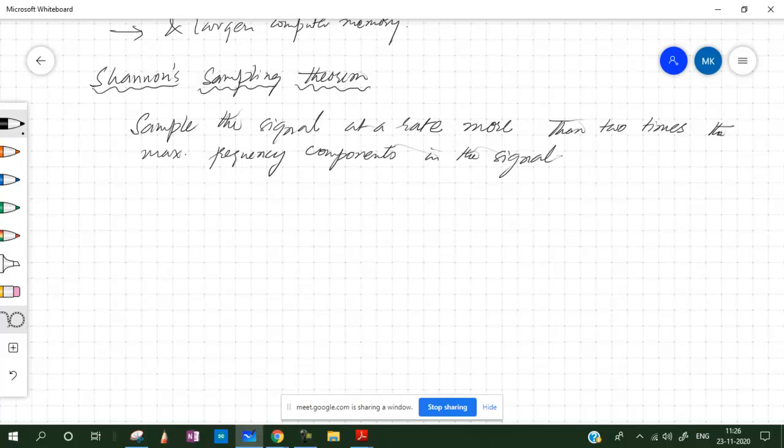This will ensure that we retain all the frequency components of the given input signal.